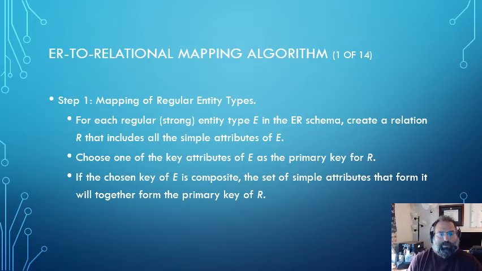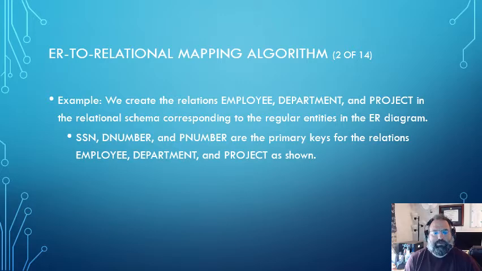The ER to relational mapping algorithm, and this is the first of 9 steps. Step 1 is mapping of regular entity types. For each regular strong entity type E in the ER schema, create a relation R that includes all the simple attributes of E. Choose one of the key attributes of E as the primary key for R. If the chosen key of E is composite, the set of simple attributes that form it will together form the primary key of R. An example, we create the relations employee, department, and project in the relational schema corresponding to the regular entities in the ER diagram.